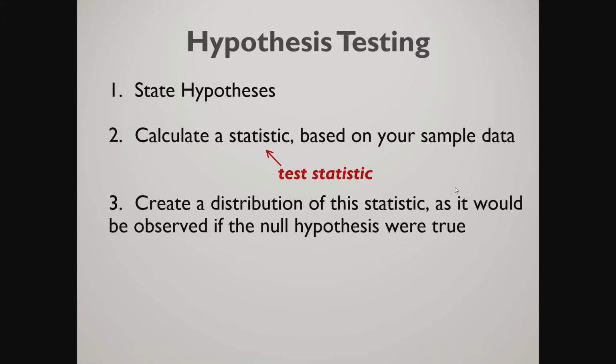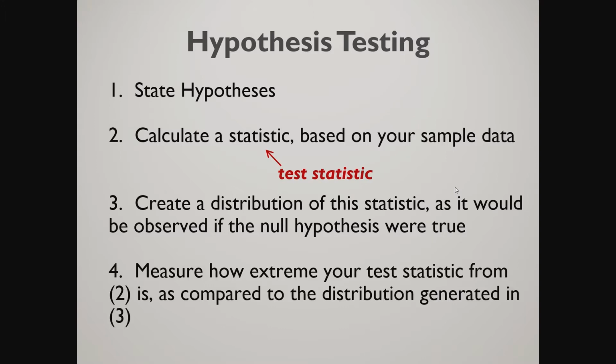In our example, the null hypothesis is that each category is just as likely to be chosen, and so the expected distribution of that variable is that there's an equal number in each category. And then finally, just like any other test, we measure how extreme your test statistic is and compare it to the distribution generated.